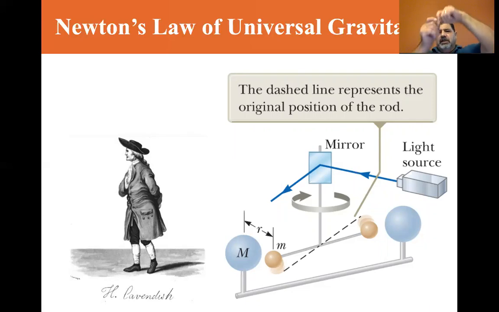If you look, he's got on this very fine fiber these small masses balanced on either side of the fiber. And then he would bring heavier masses approaching them, and they would be attracted, and they would turn.